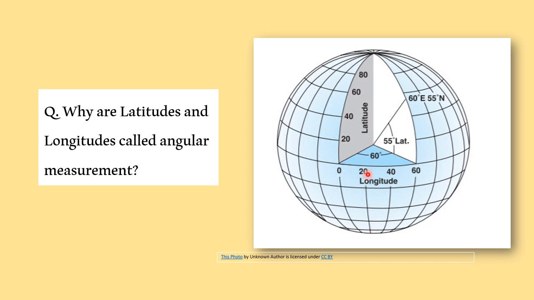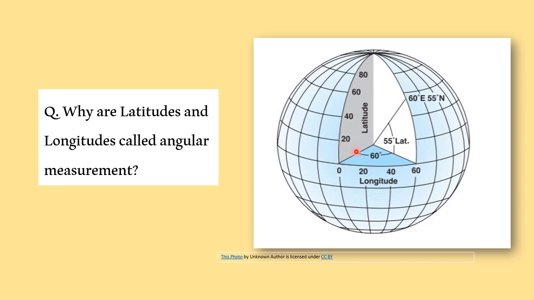Now, from here again, this is the 60-degree longitude that has been shown to us. So for longitudes, it is on the x-axis plane.